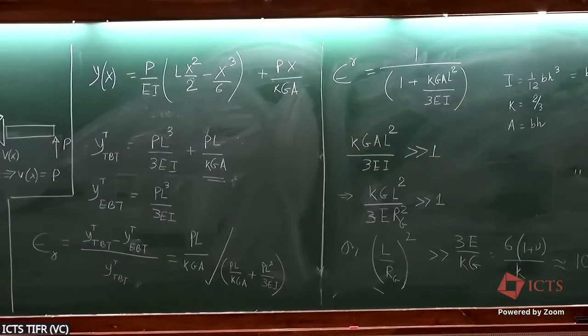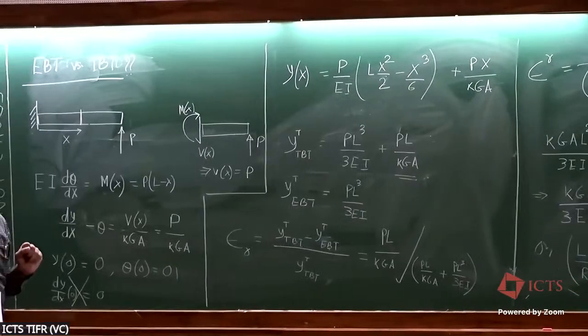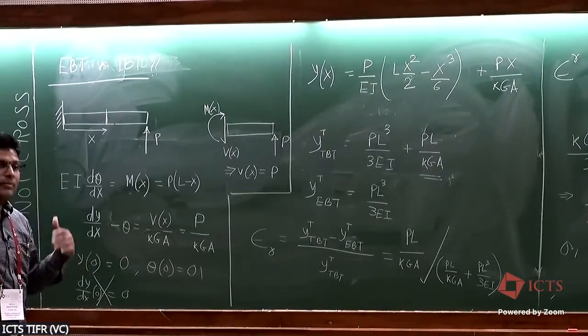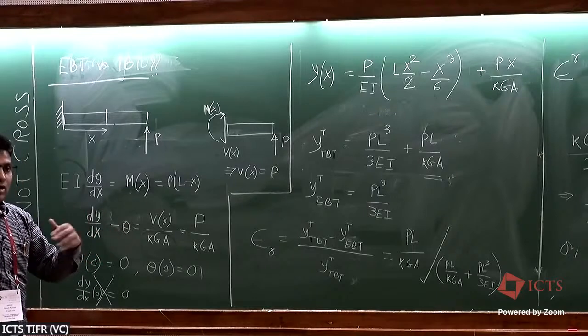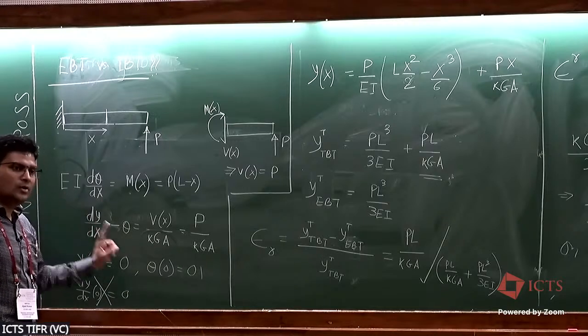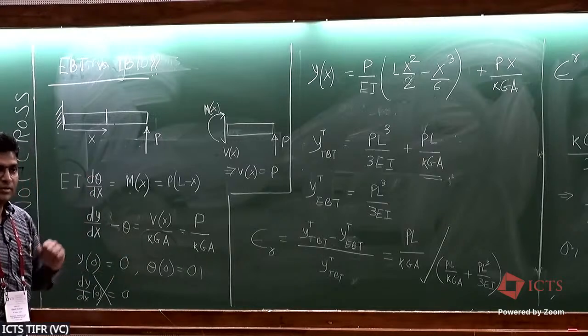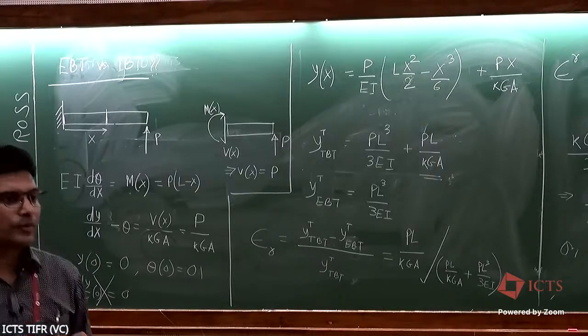So EI is the bending stiffness and KGA is the shear stiffness of the beam. This will have a different formula if it's an anisotropic beam or an exotic beam having some microstructure. Then these two will come through some homogenization. You finally want some effective value because it's one-dimensional.